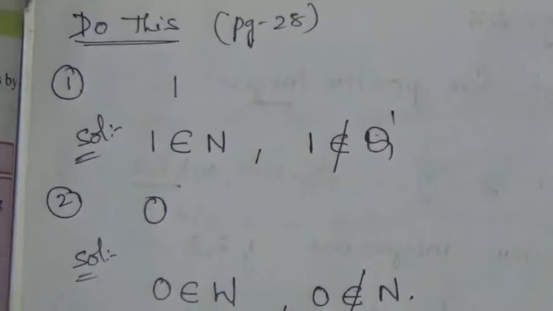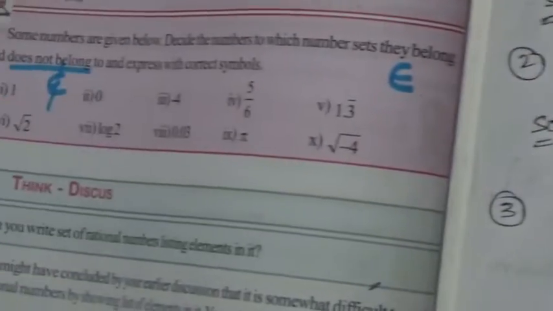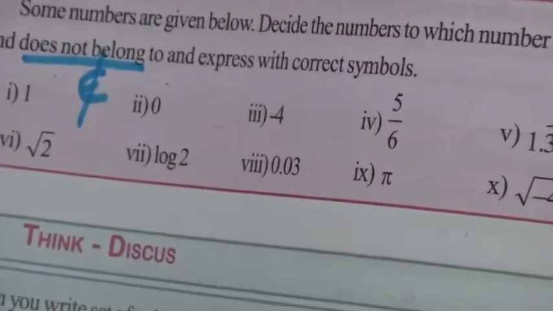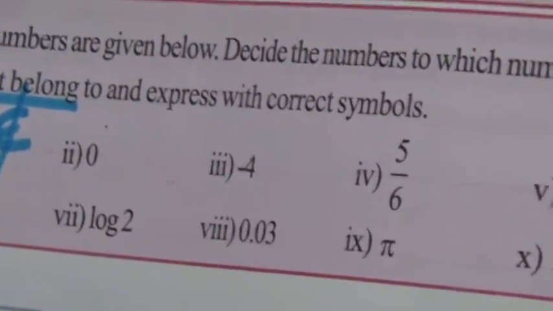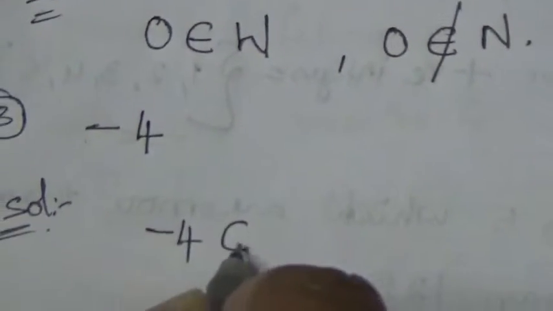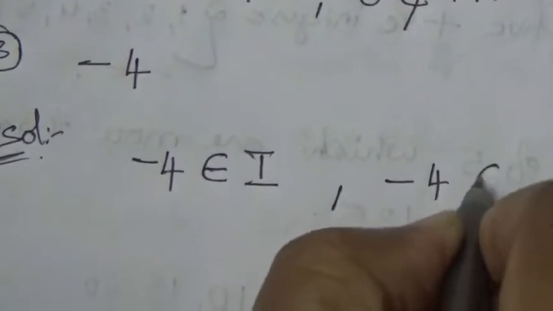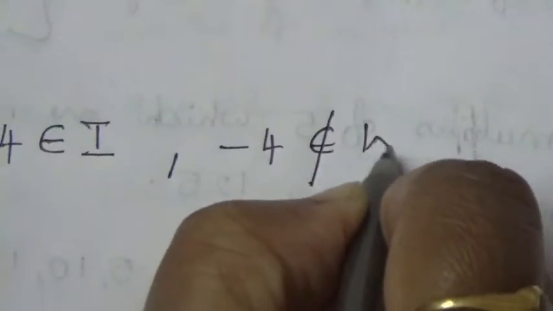You will enjoy doing these problems. Very simple solutions for this chapter. That's why I started this chapter first. The next number given is -4. The solution for this: -4 belongs to integers, I or Z, right? -4 does not belong to whole numbers.